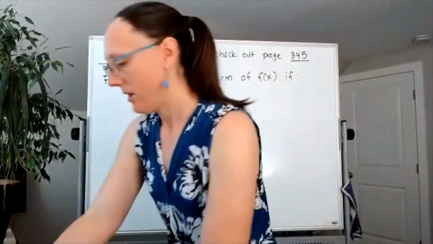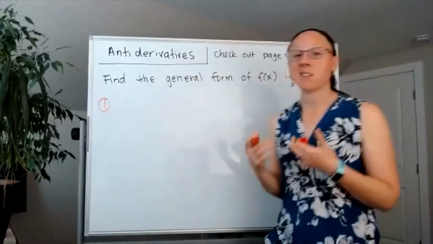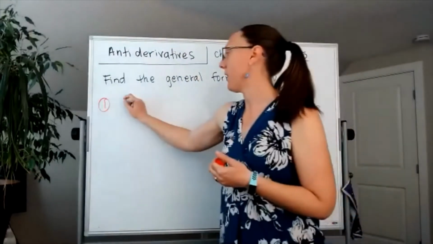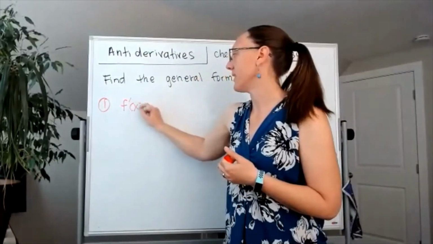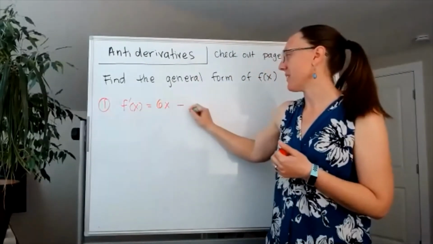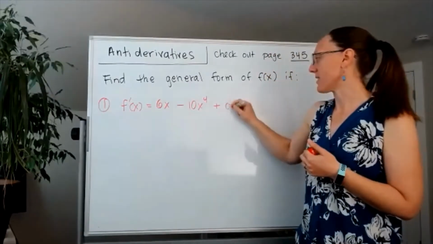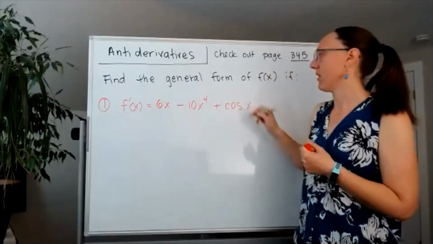So maybe I'm going to be told something like f'(x) is equal to 6x minus 10x to the 4th plus cosine of x.